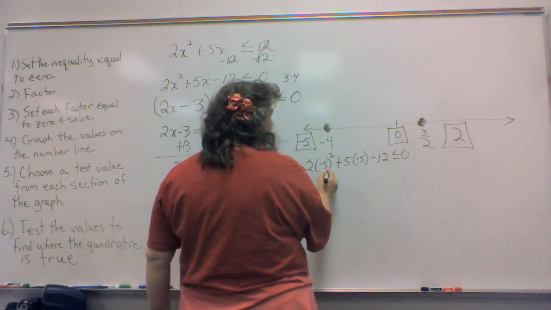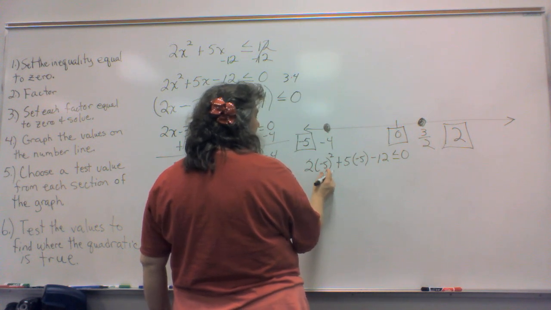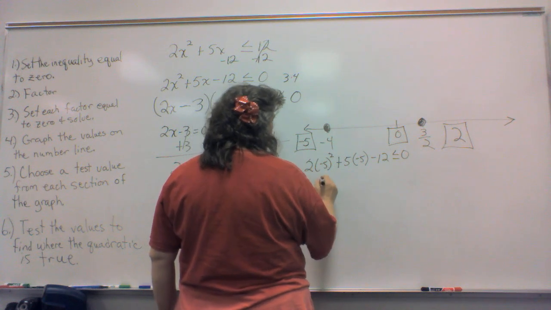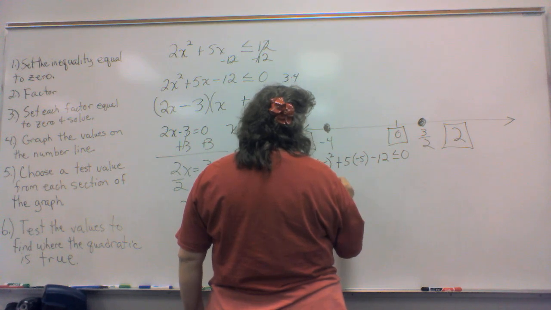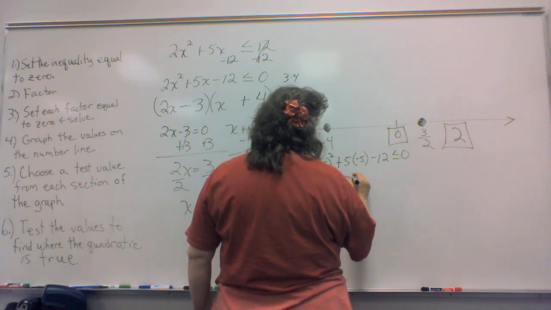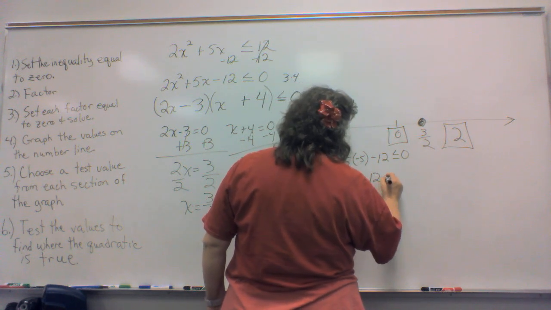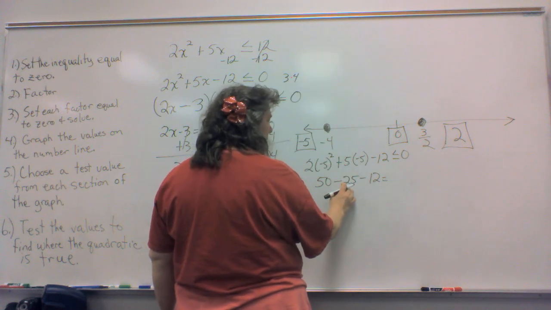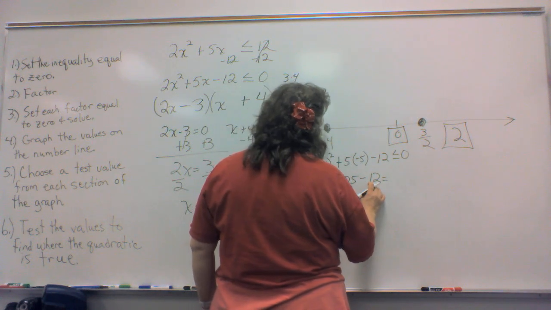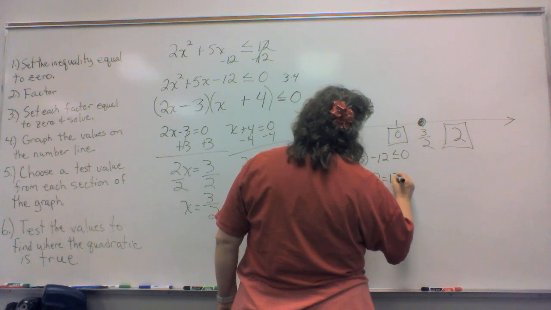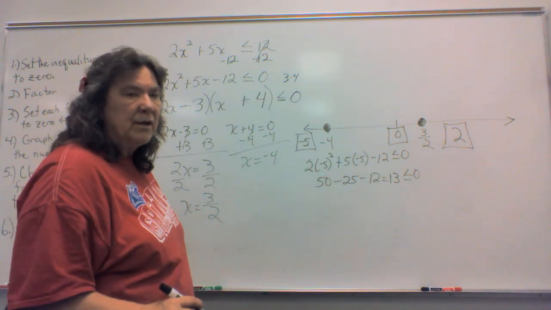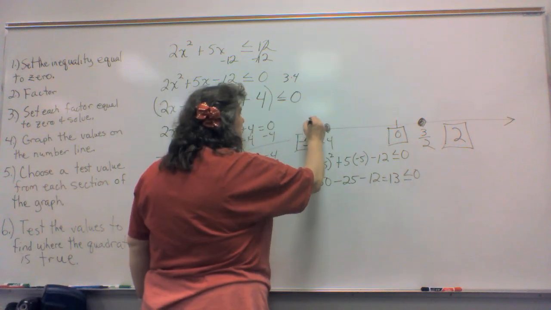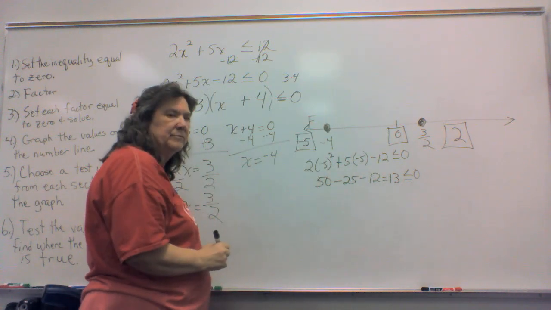Negative 5 times negative 5 is 25 times 2 gives me 50. And then 5 times negative 5 is minus 25, minus 12. Well, 25 minus 12 will give me a positive 13. Is that less than or equal to 0? No, it is not. Therefore, this section is false.